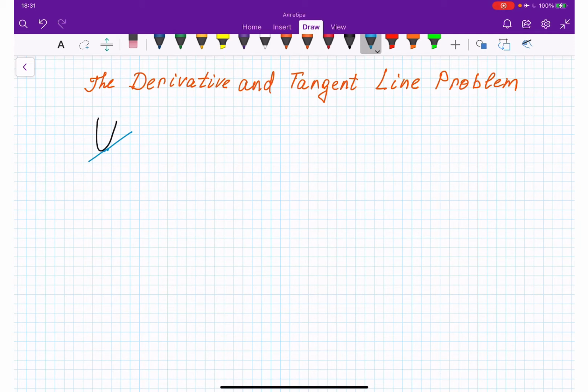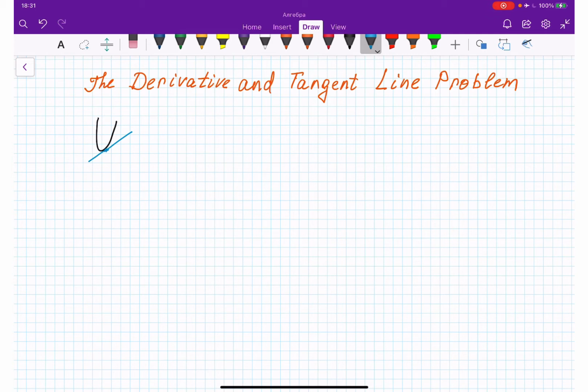Remember in my previous video, I said that the limit gives us the average rate of change, but the derivative gives us the instantaneous rate of change. So the tangent line is the instantaneous rate of change shown geometrically on the graph. And the slope of the tangent line at this point on the function is equal to the derivative of the function at the same point.